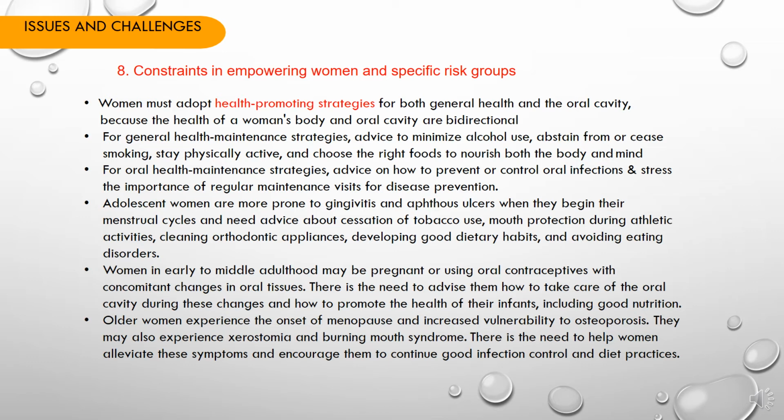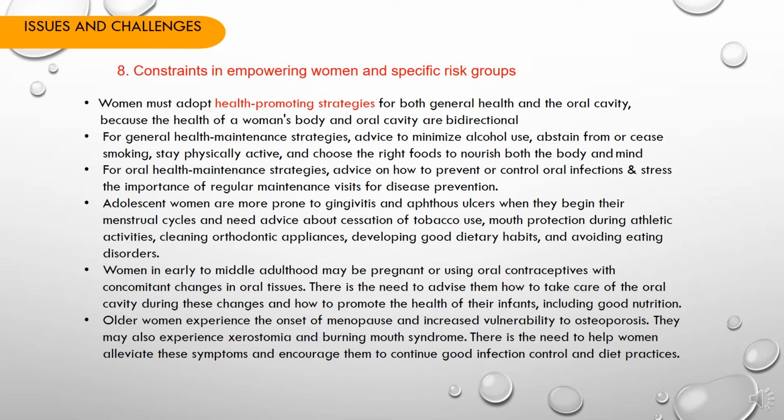In adolescent women, because of the issues of menstrual cycles, our emphasis is more on advice, because these groups are prone to gingivitis and peptic ulcer. And women in early to middle adulthood may be pregnant or using oral contraceptives with concomitant changes in oral tissues.